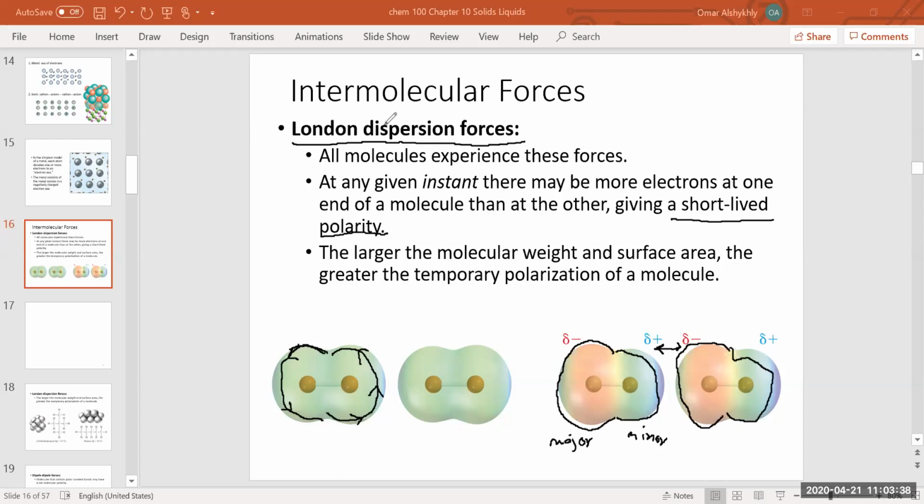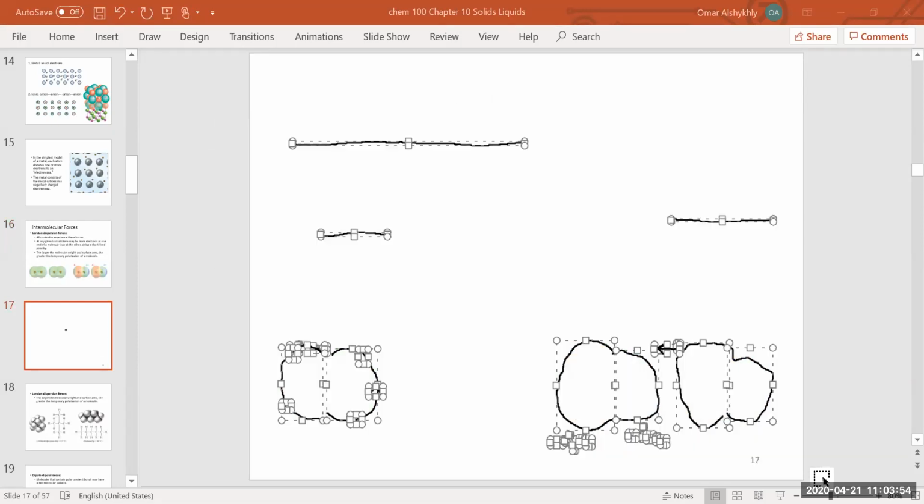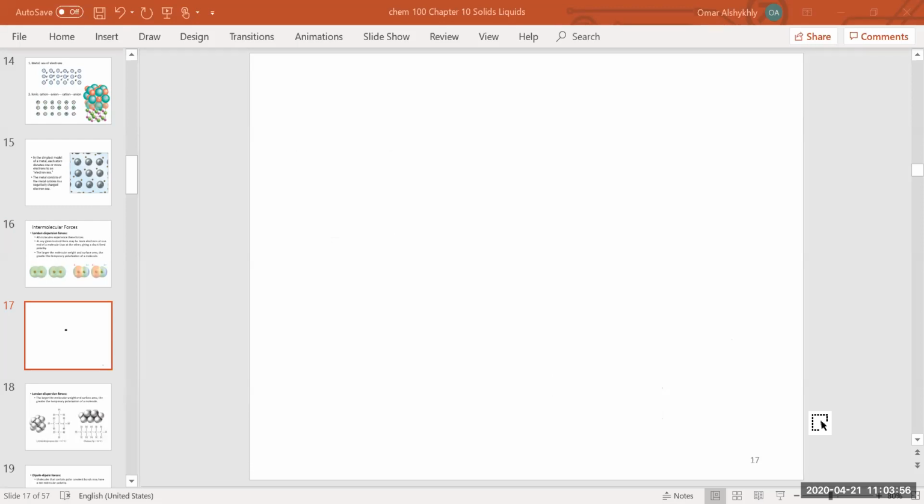Now, be careful, this is temporary, because it will appear and disappear. Let me show you in this slide. Say, for example, we have hydrogen with a hydrogen bond. At the beginning, approximately, it is a 50% share.